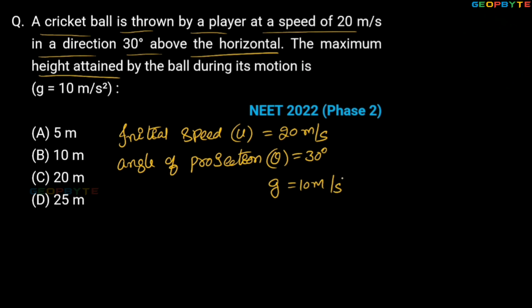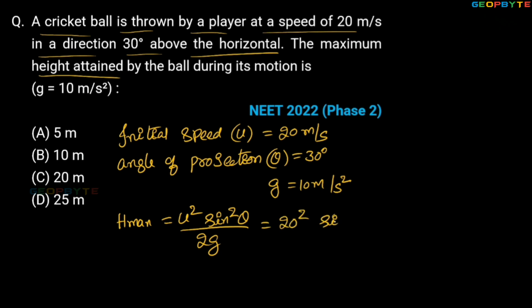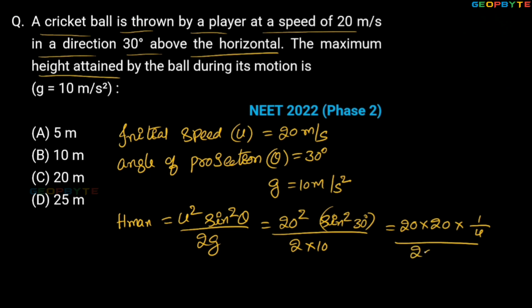Here sin theta value is not given. As you know, maximum height h max, just now we have discussed the formula, u square sin square theta divided by 2g. u is 20, so 20 square into sin square 30 divided by 2 into 10. Simplify this value. It is 20 into 20, sin 30 is 1 by 2, then sin square 30 is 1 by 4, divided by 20.